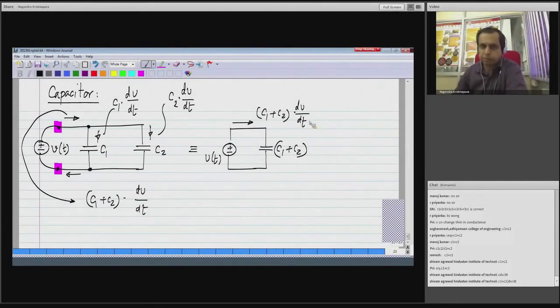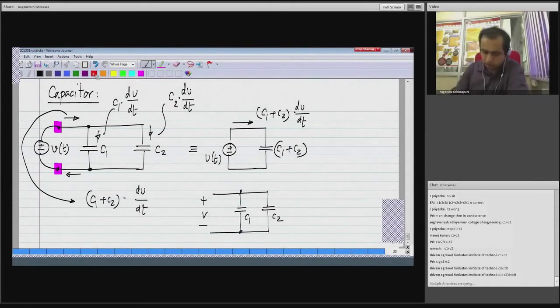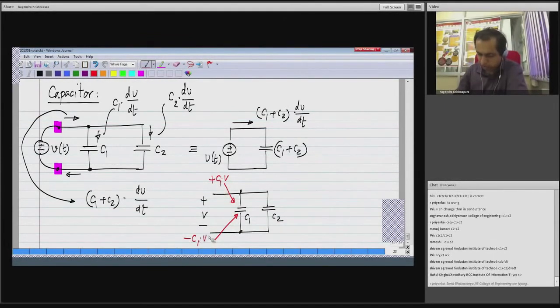Another way to think about it is, if you have multiple capacitors with a voltage V, then on the first capacitor you will have a charge plus C1 times V on the upper plate and minus C1 times V on the lower plate, and on the second one you have plus C2 times V on the upper plate and minus C2 times V on the lower plate.